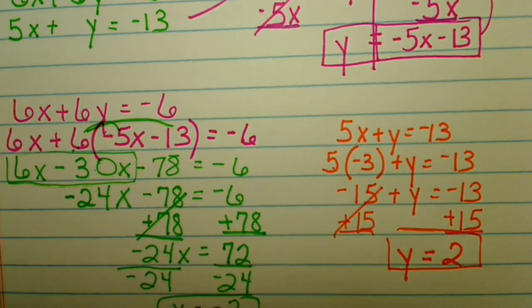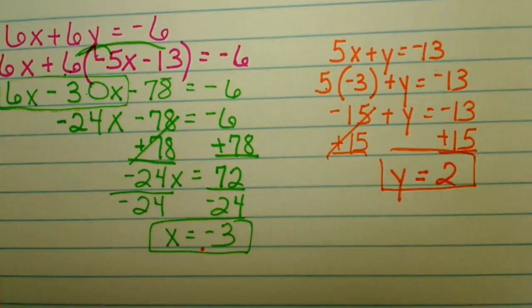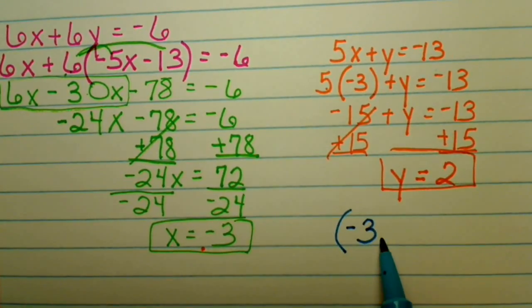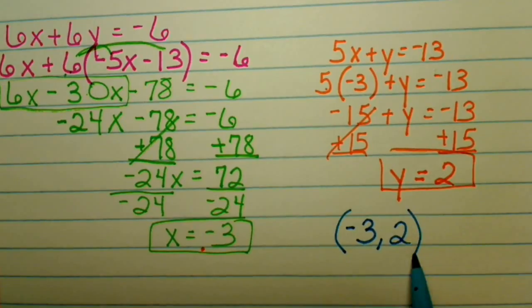So now I know that my final answer for this problem is going to be (-3, 2), because your final answer is the ordered pair that works in both problems.